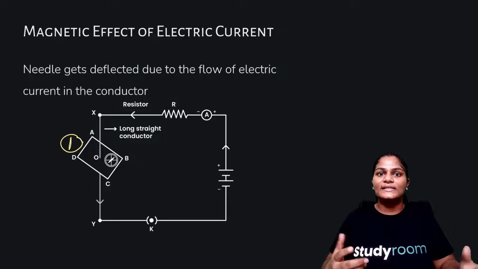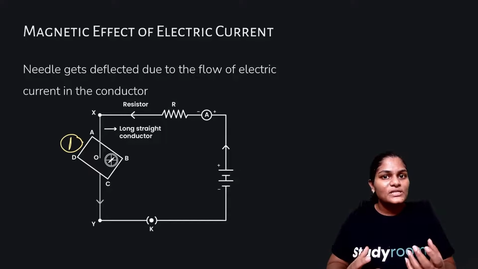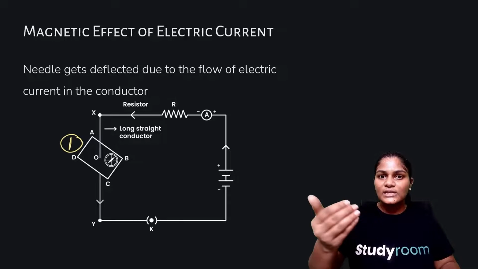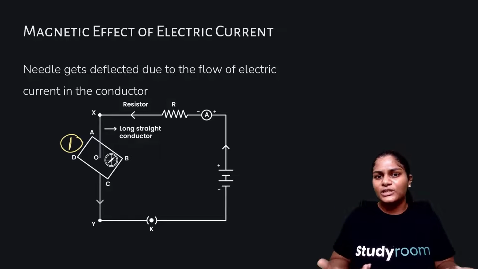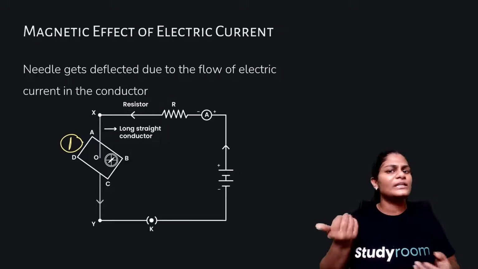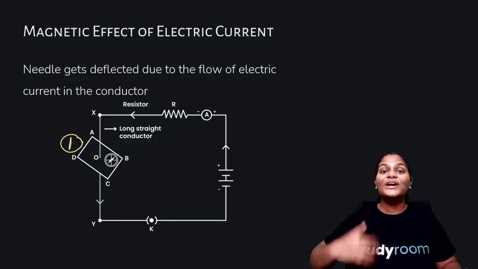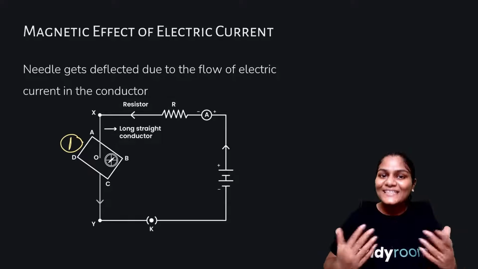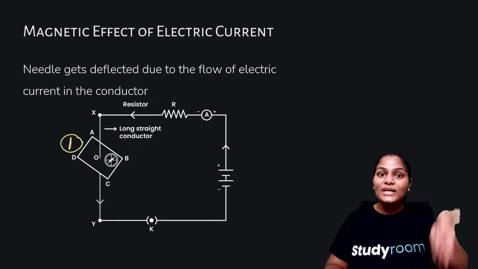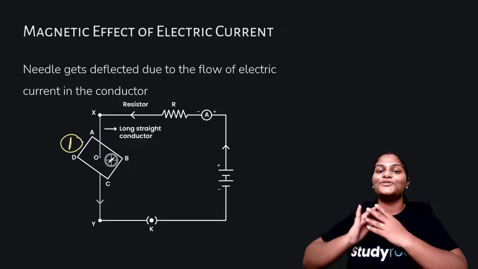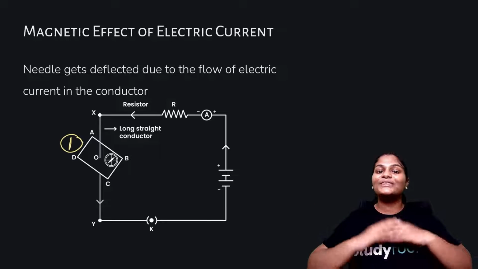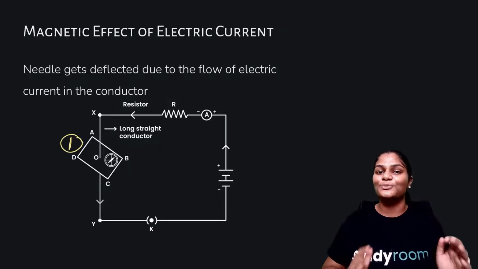That makes sense. But why would the compass needle get deflected when it is kept near a wire carrying electric current? There is no bar magnet, there is no other magnet kept anywhere near. So that is how it was accidentally discovered that electric current also gives rise to a magnetic field. So that is what our study is going to be all about.